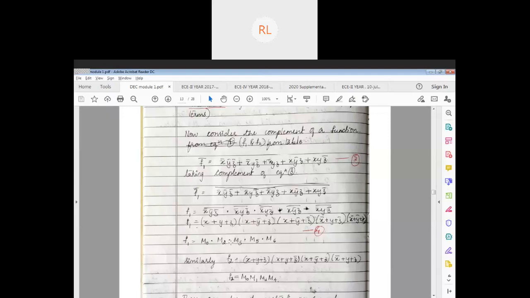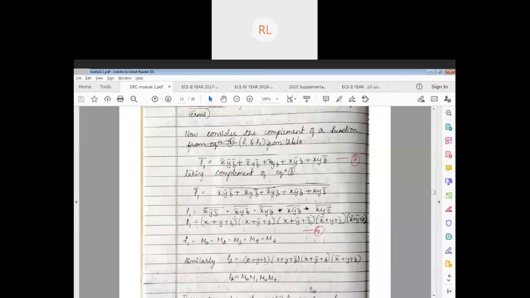So if I have to represent this M2, M3, see wherever there is a bar, those things are taken. Here there is no bar in the first term, so I take it as M0.